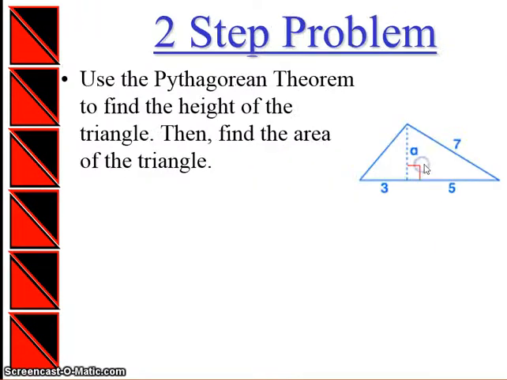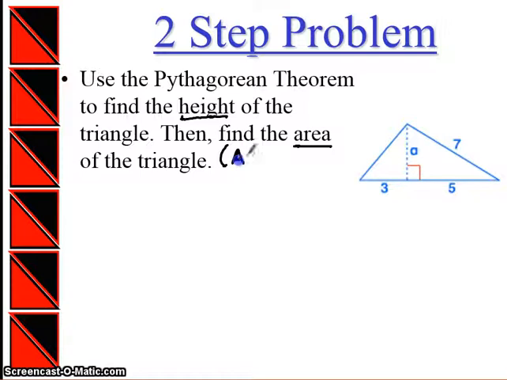Now, let's try an application question. This question has 2 steps, and you will see some just like this on your PSSA this year. It says, use the Pythagorean theorem to find the height of the triangle and then find the area of a triangle.